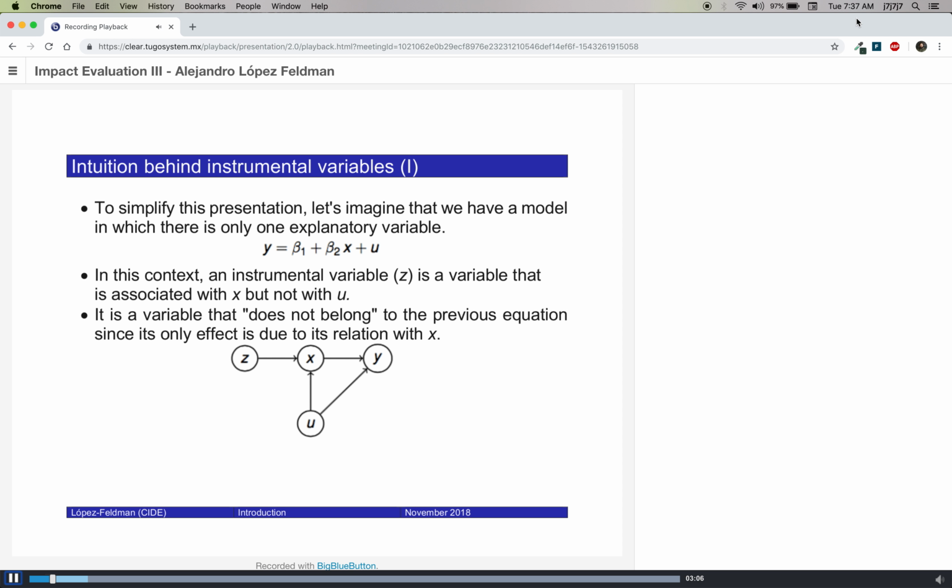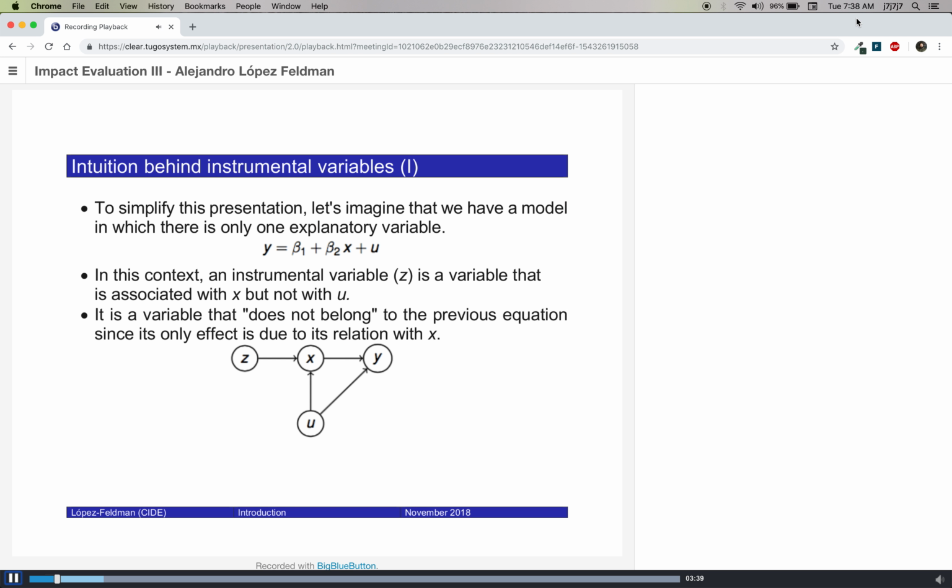So this is an omitted variable because there is a correlation between error and x, and there is also a relationship between x and y. And the key point that we were analyzing is that when I estimate beta 2, and if I have a correlation problem between u and x, I do not know if I am estimating the effect of x on y or if I am just estimating part of the effect of u on x. So this was the context.